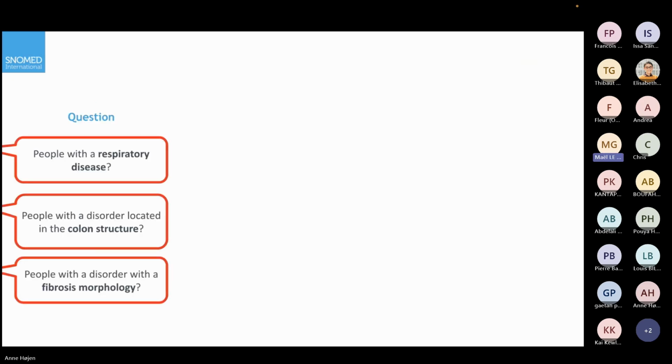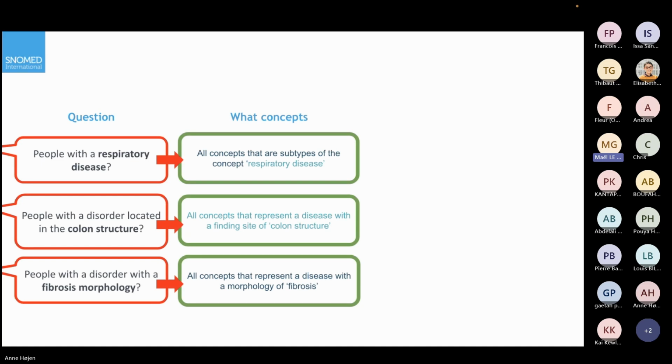So what these slides show is that if you know what questions you want to ask, then you need to identify what concepts you need. To find people with a respiratory disease, we want to find all concepts in SNOMED that represent subtypes of respiratory disease.